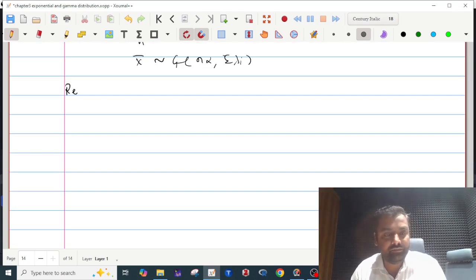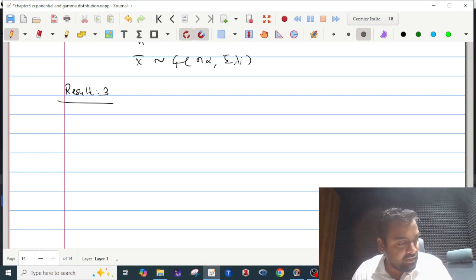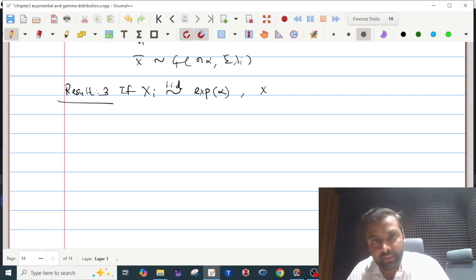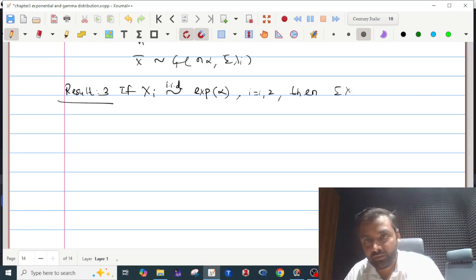Now, next result. If X1 and X2 are IID exponential variates with mean 1 upon alpha, which means parameter alpha, then summation Xi, that is X1 plus X2, follows gamma distribution with parameter 2, alpha.